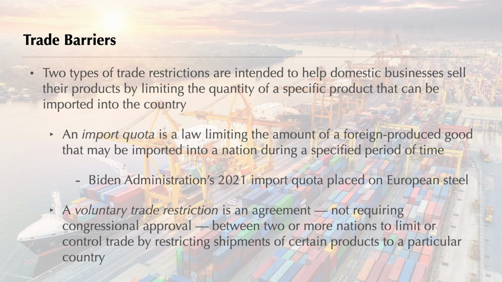A voluntary trade restriction is a binding agreement between two nations that does not require congressional action or legislation. Import quotas and voluntary trade restrictions occasionally are directed at specific goods from specific nations. In 2021, for example, the United States government responded to domestic steel producers for industry protection from European competition.